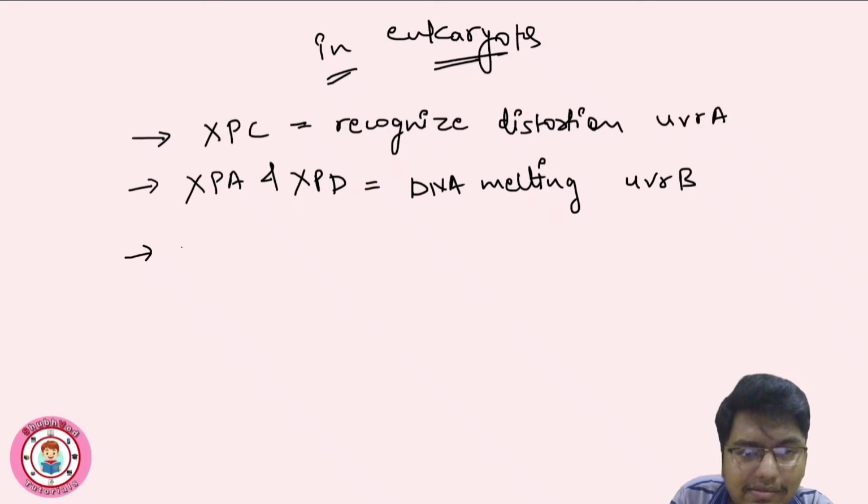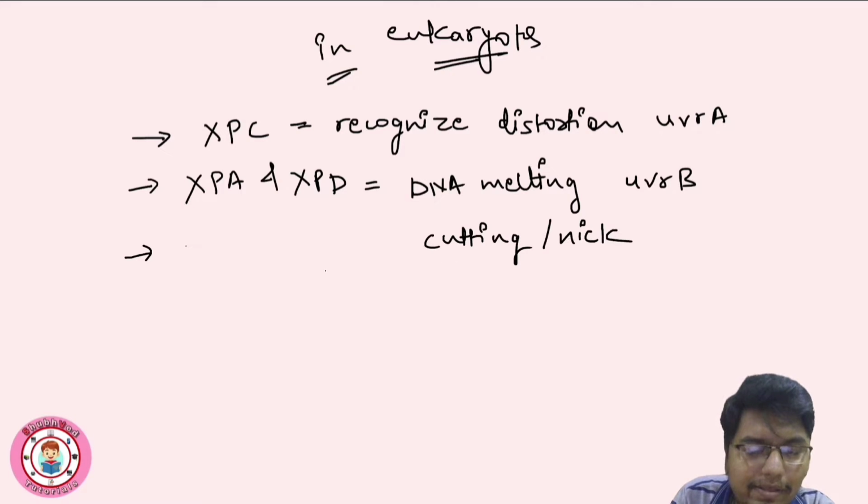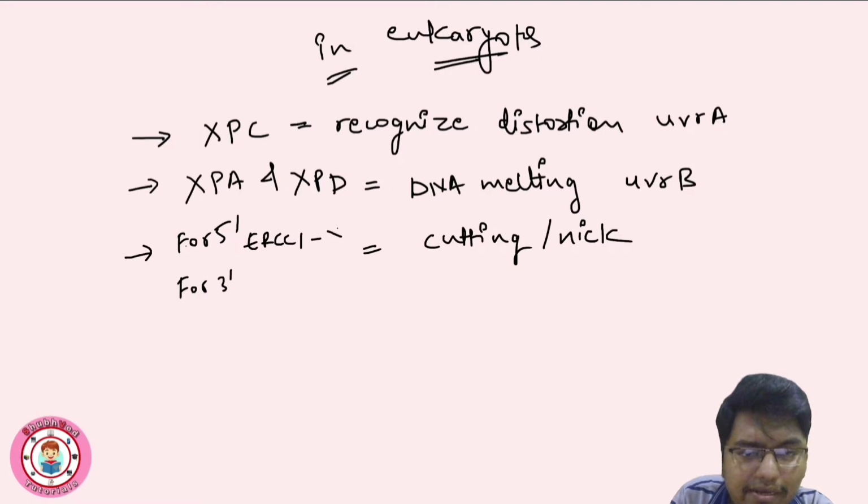Then the nucleases cut the DNA. Two types are there, for the 5 prime cut and for the 3 prime cut.